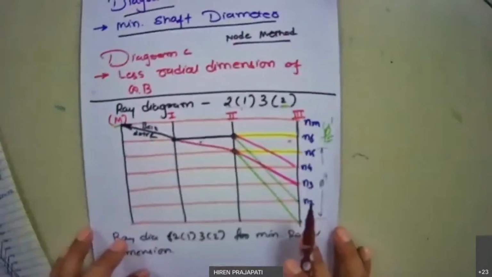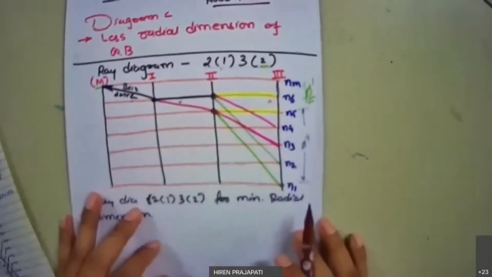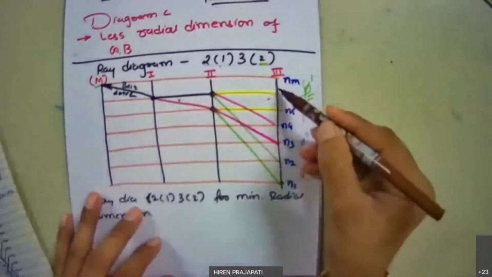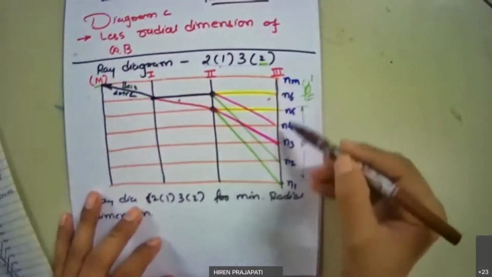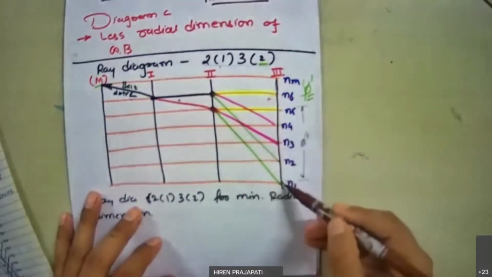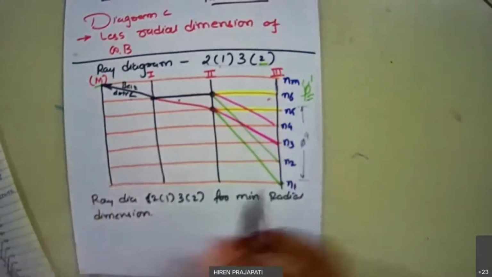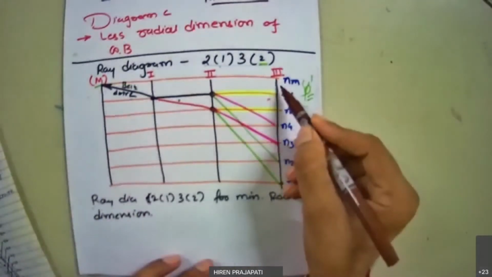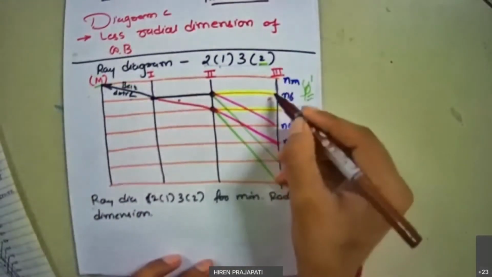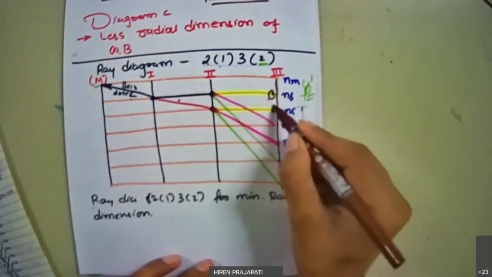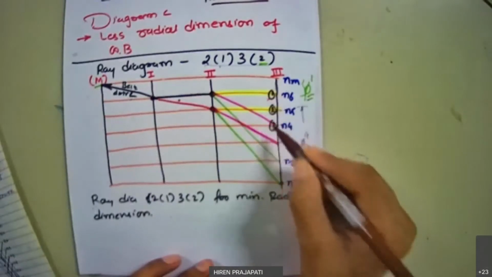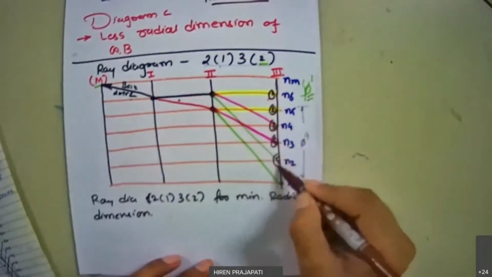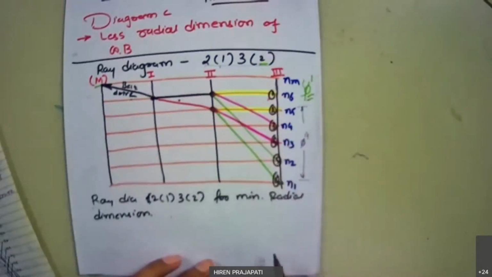What you need to do is simply give node numbers on a particular shaft from maximum speed to minimum speed. For example, if I talk about shaft 3, then as per the node method, just give numbers 1, 2, 3, 4, 5 and 6, right?